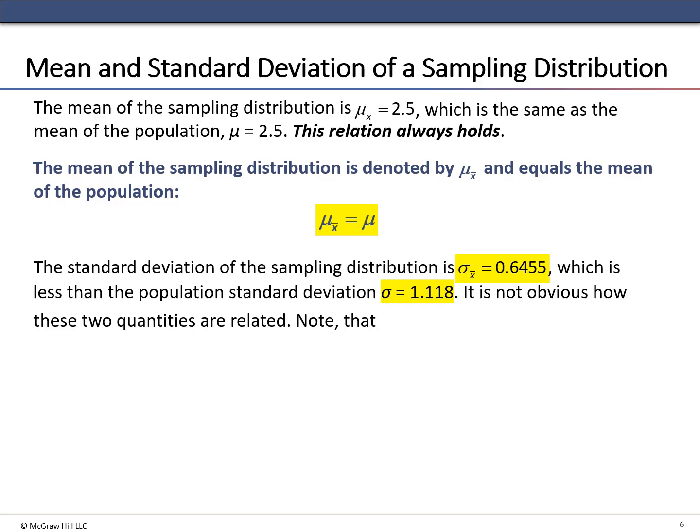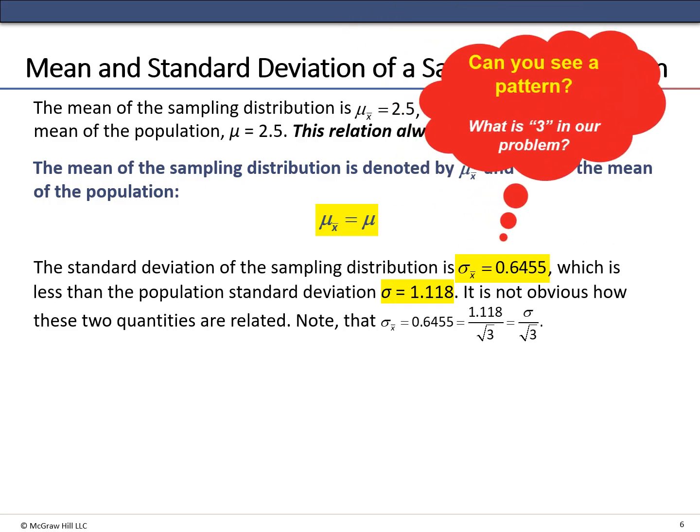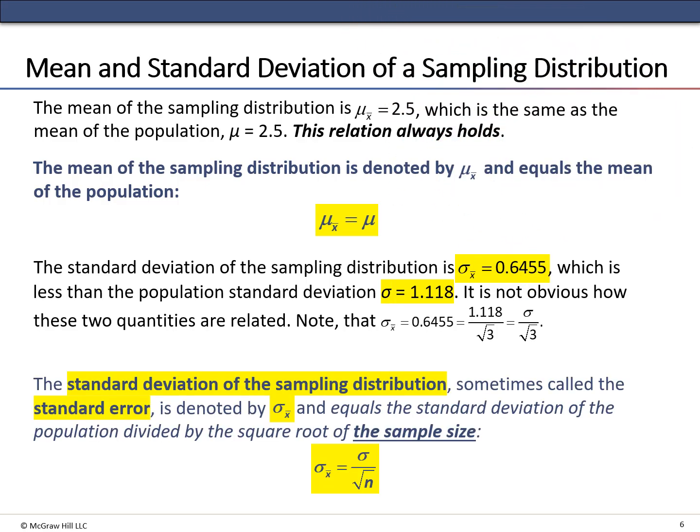When we look at the standard deviation of the population and the sampling distribution, it's not the same. And it's not obvious how these quantities are related, but they are related by a very simple formula. Specifically, the standard deviation of the sampling distribution is equal to the population standard deviation divided by the square root of the sample size.